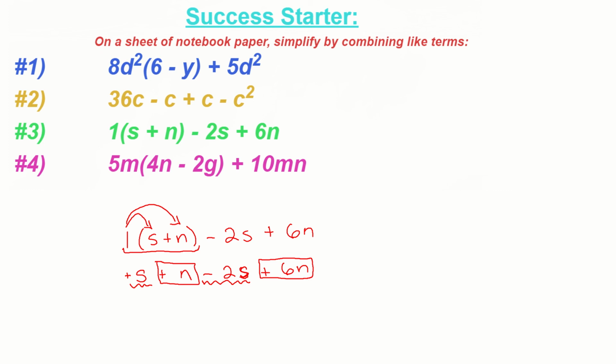So now I can bring these next to each other, and I could go ahead and take care of making sure they are combined. But you may say, this is tricky because I have an S and I have minus 2S.